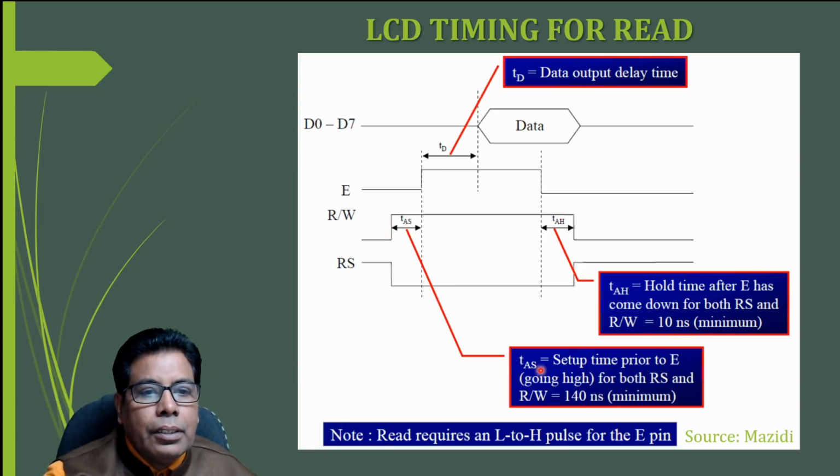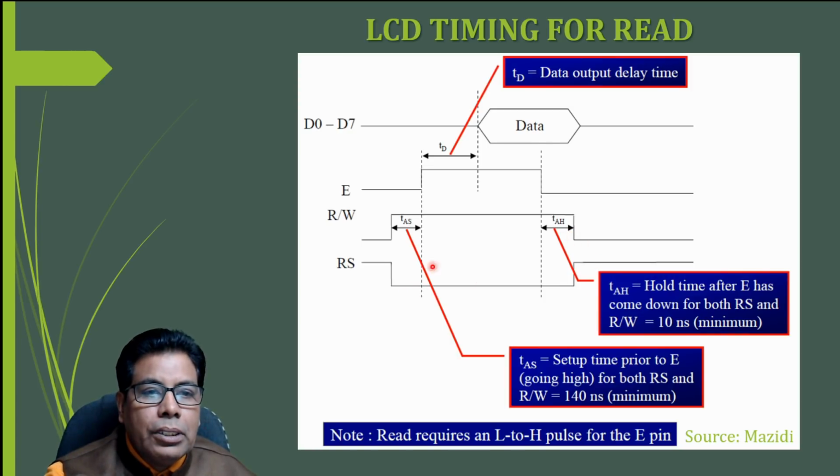So there is a signal TAS, that is the setup time prior to E, for both RS and RW, that is 140 nanoseconds, and there is another time TAH, that is the hold time after E has come down, for both RS and RW, that is 10 nanoseconds.